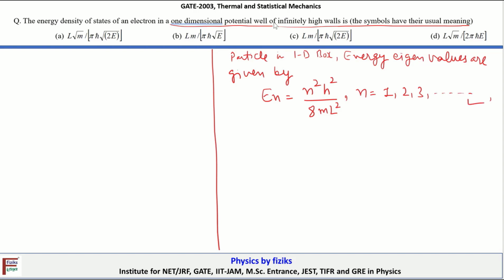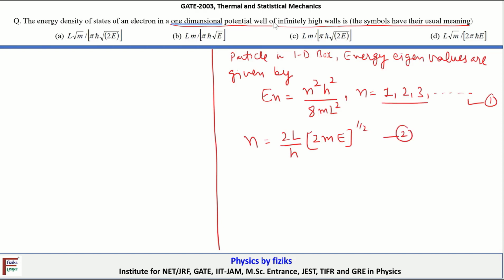Let me call this equation 1. From here, n is equal to 2L upon h, multiplied by (2mE) to the power 1 by 2. Let me call this equation 2.